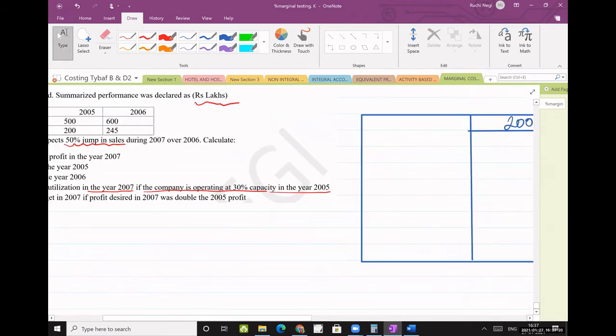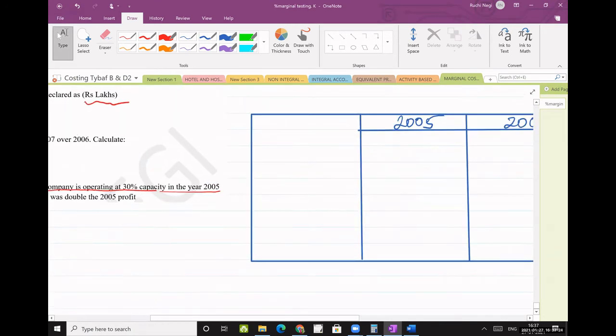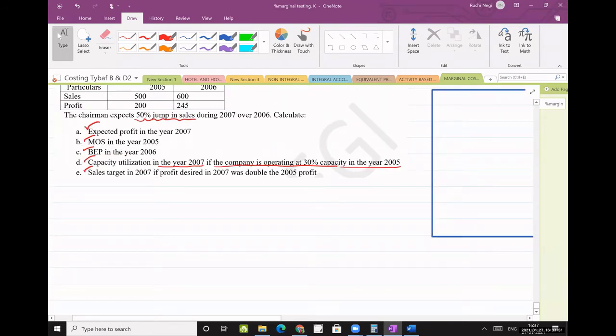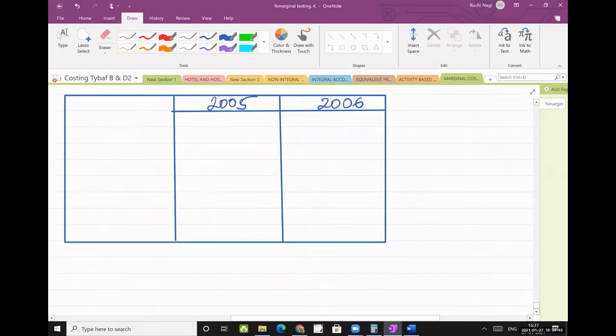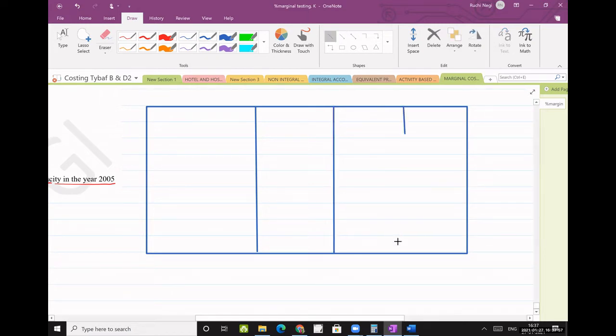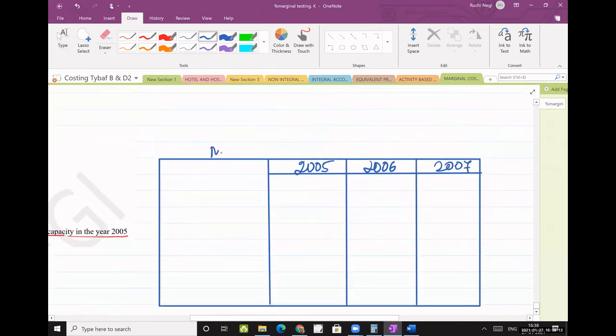Obviously yes. 2005, 2006 and 2007. Give the heading marginal cost sheet.